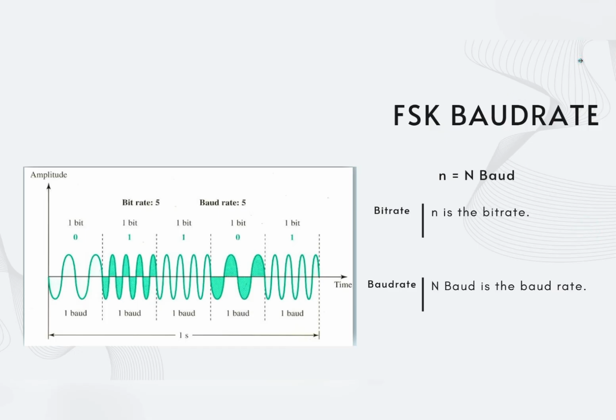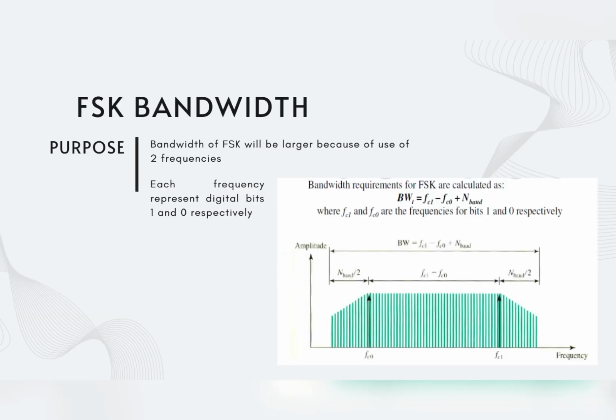So here is the baud rate for FSK, where N is equal to N baud. N is the bit rate and N baud is the baud rate of the signal. So it is shown that the bit rate is equal to the baud rate. The next slide is the bandwidth of FSK.